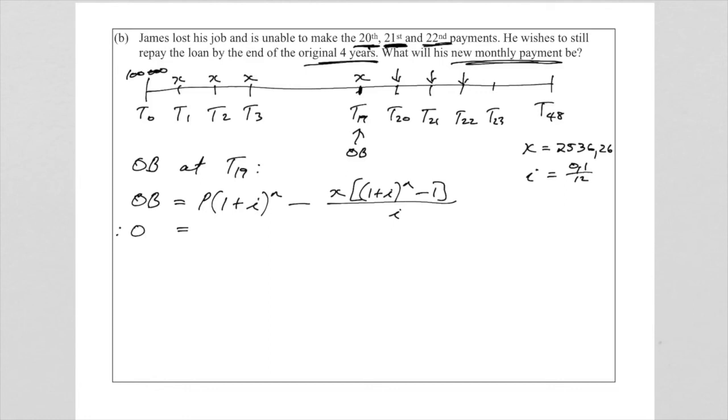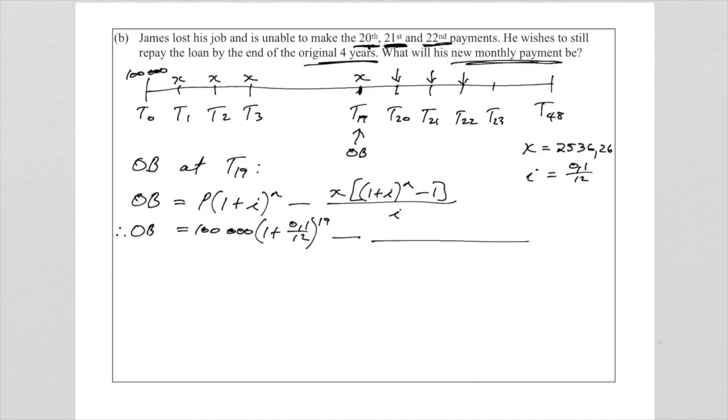Our outstanding balance, the P, you will agree, that was our loan that we now need to grow up to T19 with an interest rate of 0.1 over 12. And I hope you will agree with me that the exponent will be 19.